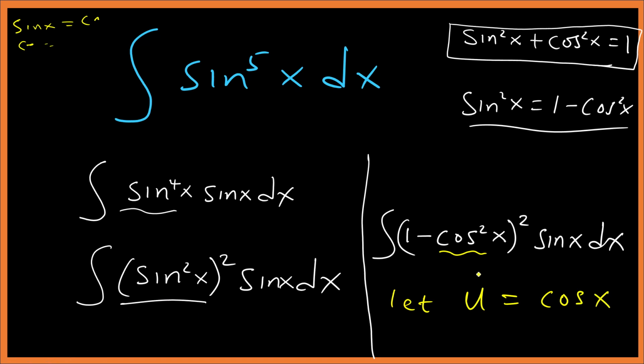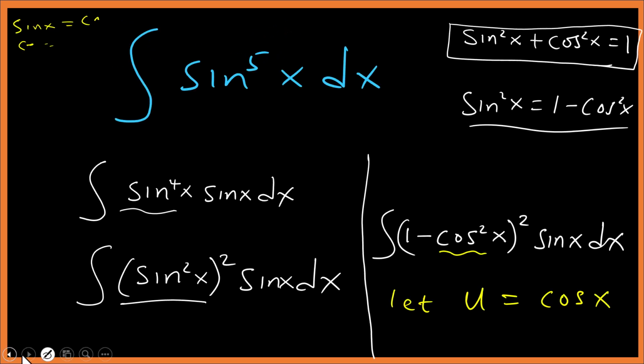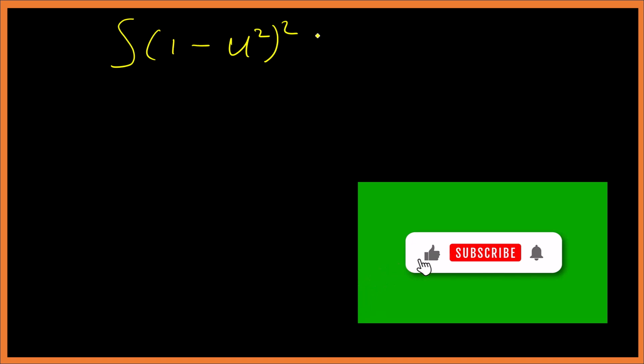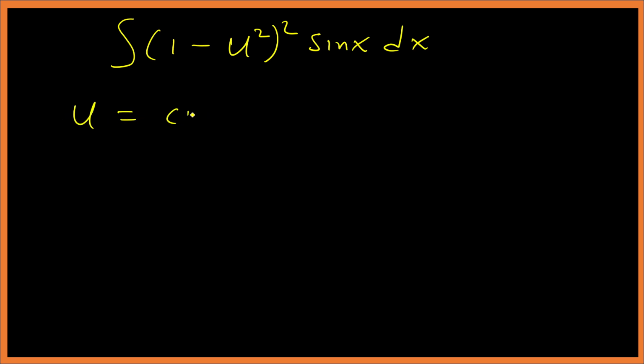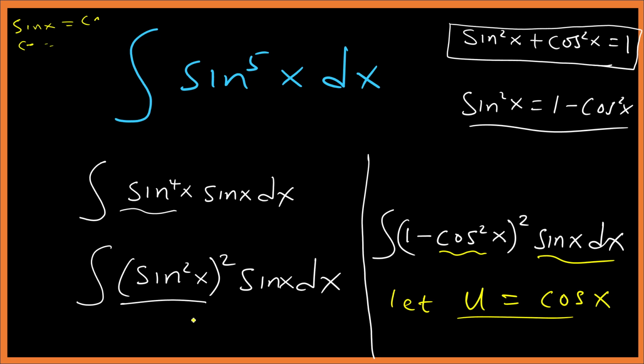So writing this again, it will be 1 minus u squared, so we have the integral of 1 minus u squared all squared, then we have sine x dx. Remember u is cos x.